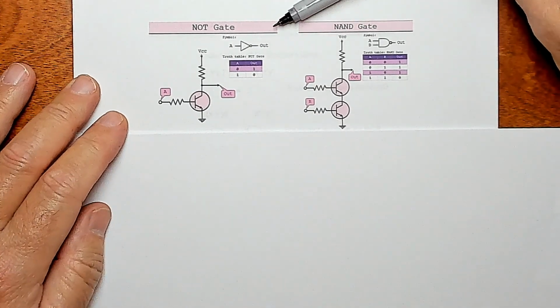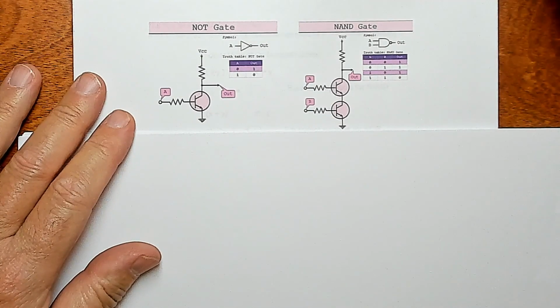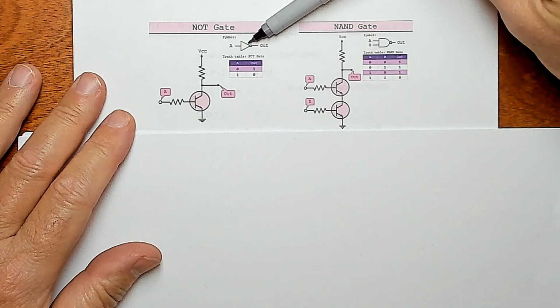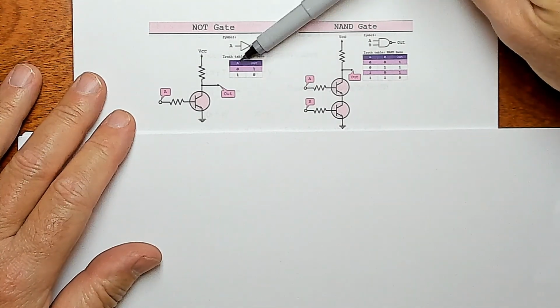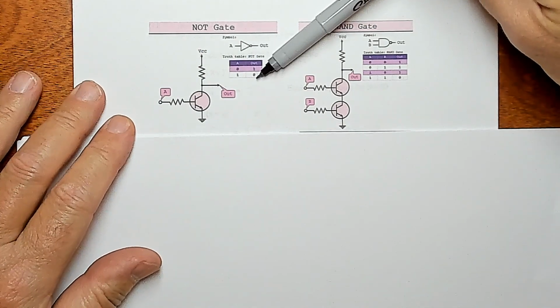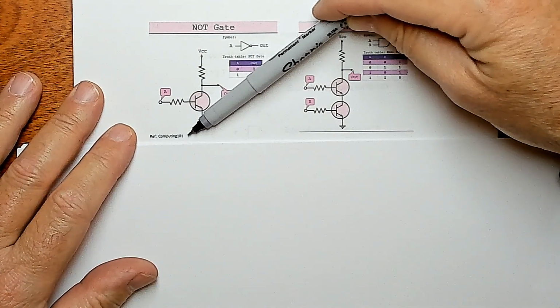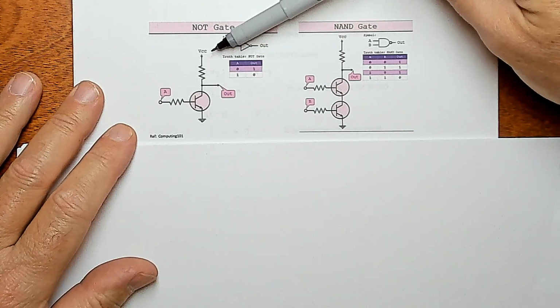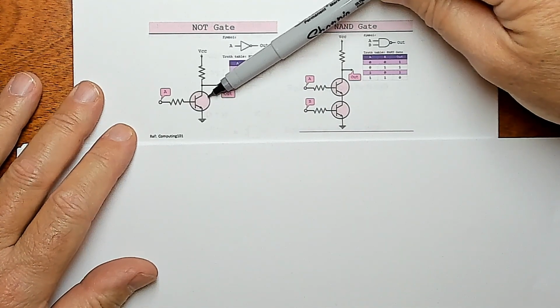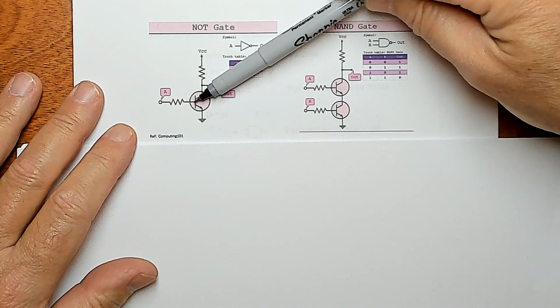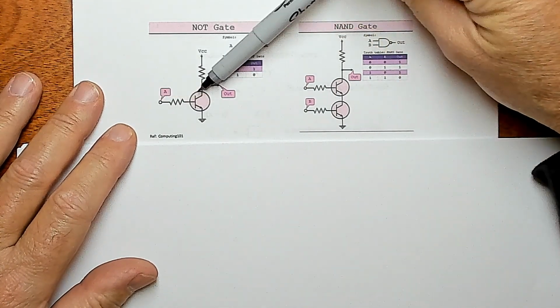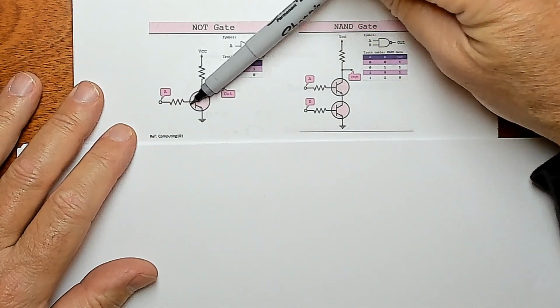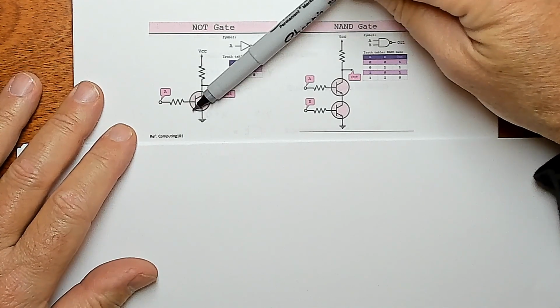This thing here, for example, here's a NOT gate. Here's the truth table, 0, 1, 1, 0. Stole this from Computing 101. Here's a transistor. It's a switch. The input here controls the switch part. It basically opens and closes this part of the switch.